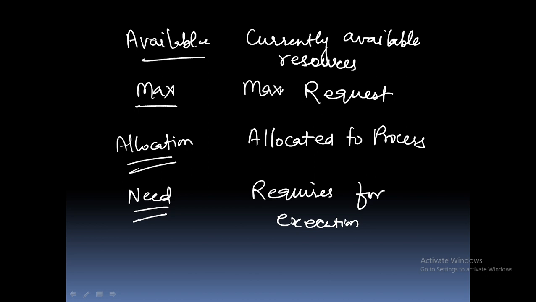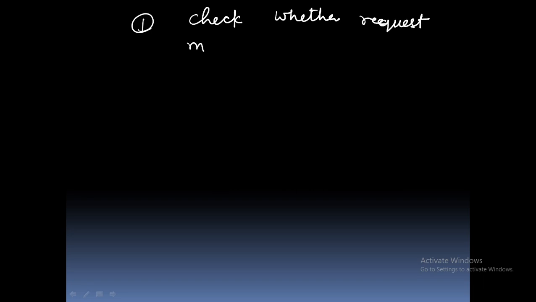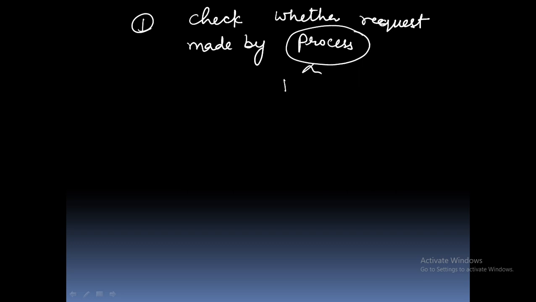Banker's algorithm is executed whenever any process puts forward a request for allocating resources, and it involves some steps. First of all, you have to check whether the request made by the process is valid or invalid.